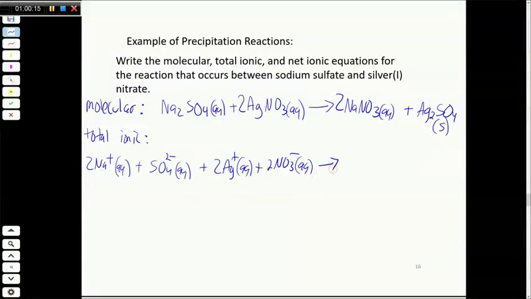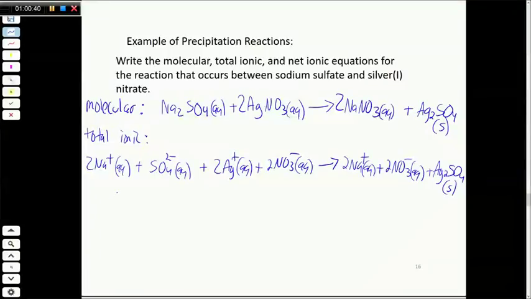On the product side, our sodium nitrate is still dissolved: 2 Na+ and 2 NO3-, both aqueous. But our second product, Ag2SO4, is insoluble, so we don't separate it into anything, and it keeps its (s). So that's the total ionic equation.